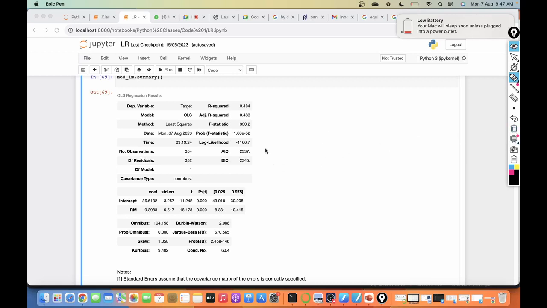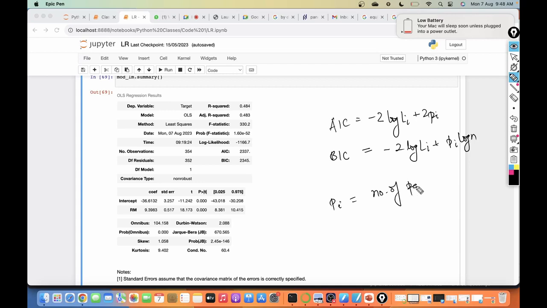Now AIC is also the same. AIC is the Akaike information criterion, and the formula for it is minus 2 log of the maximum likelihood value plus 2 times p, and BIC's formula is minus 2 log of L-hat plus p log of n, where p stands for the number of parameters.